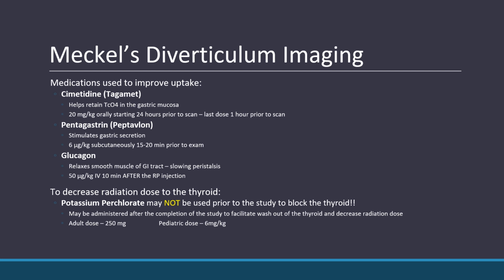So this is sometimes given in children, more so than adults, but it is not to be used before the study is started, only to be given after the study is completed, to reduce the radiation dose to the thyroid. The adult dose is 250 milligrams, and the pediatric dose is weight-based at 6 milligrams per kilogram.